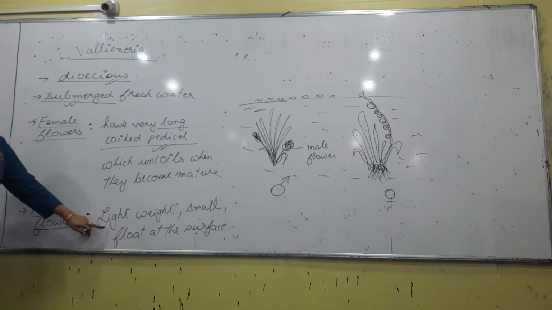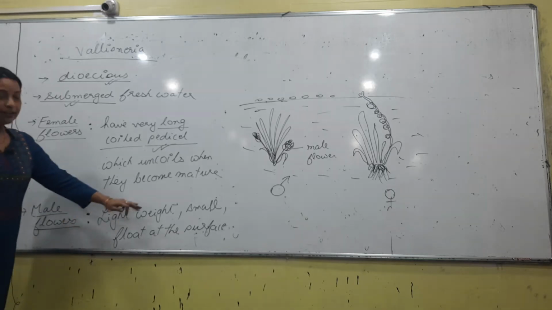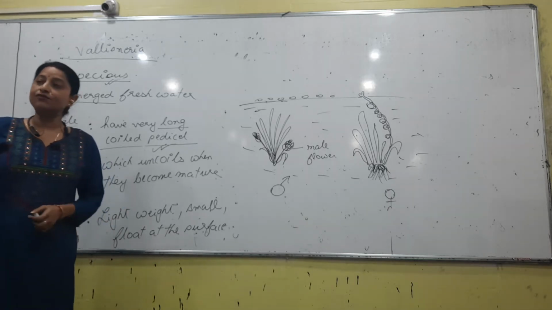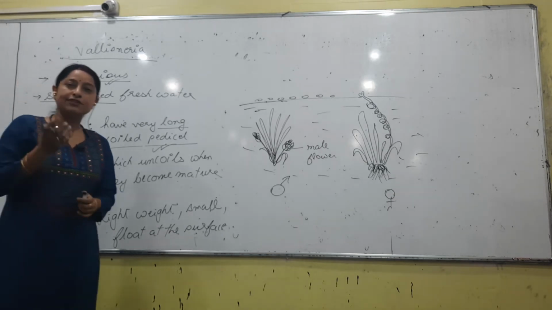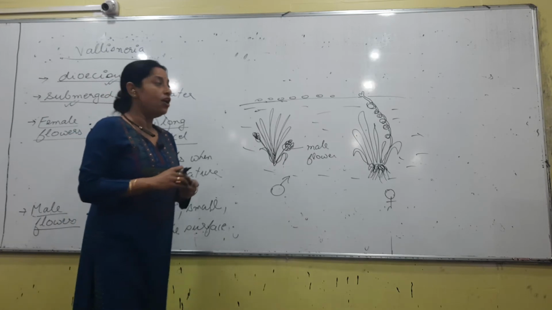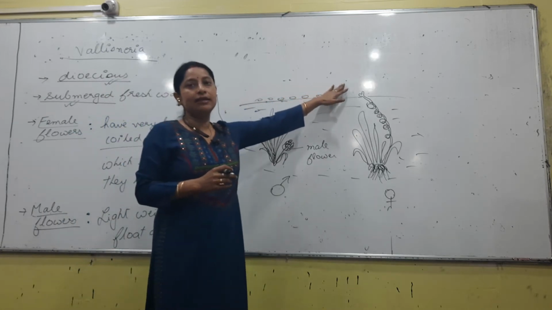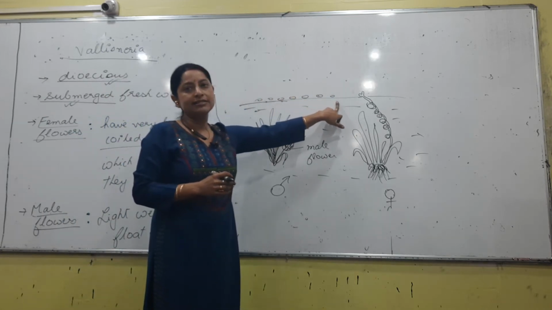Male flowers are light weighted, small and float at the surface of the water. They float when they get matured. Initially they do not float. They first form, and after they get matured, all the male flowers will accumulate and arrange themselves on the surface.